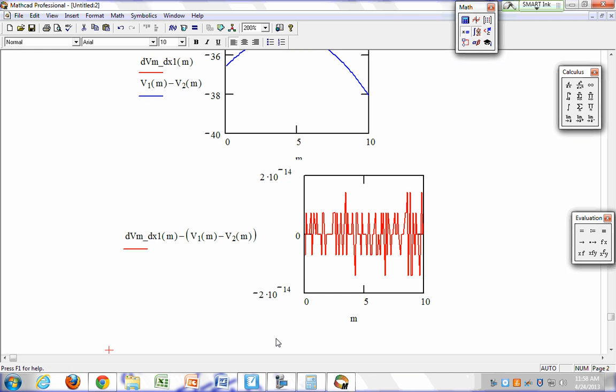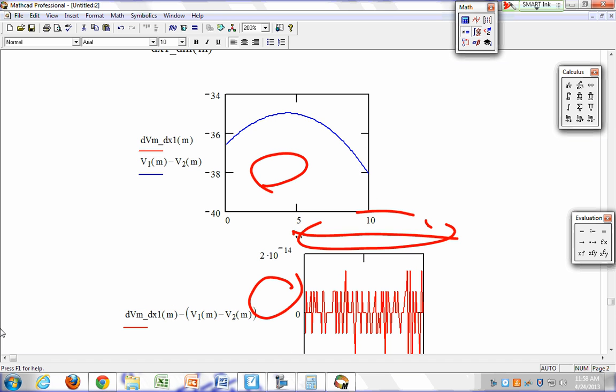And you can see it's essentially zero. It goes from 2 times 10 to the negative 14 to negative 2 times 10 to the negative 14. So that's just round-off error. That's essentially zero. Those two are essentially the same thing.